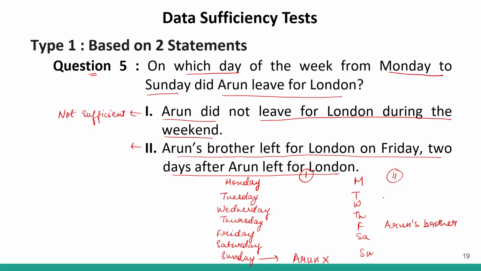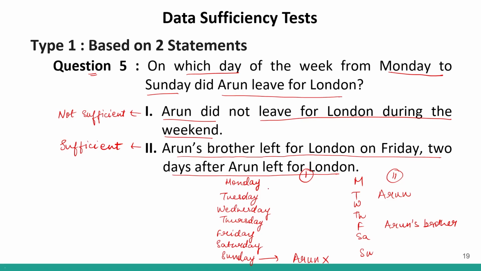So 2 days after means Arun left on Tuesday. So based on statement 2, can I find the answer? Yes. Statement 2 is sufficient to tell me on which day Arun left for London.